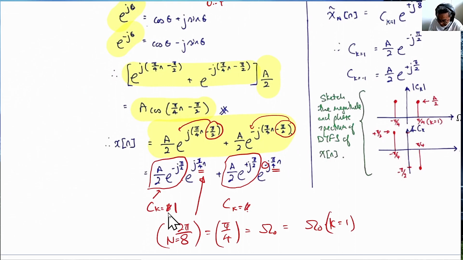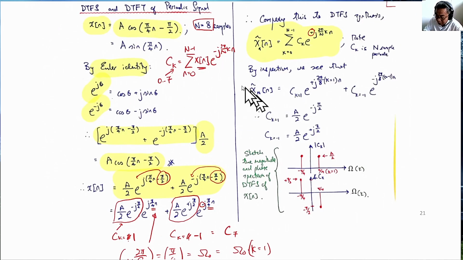And what about this? This would be c_minus 1 because it is at the minus pi over 4 frequency. Now c_k equals minus 1 is the same as c_7, because remember that the c_k's are N sample periodic. So c_0 to c_7, c_8 to c_15.